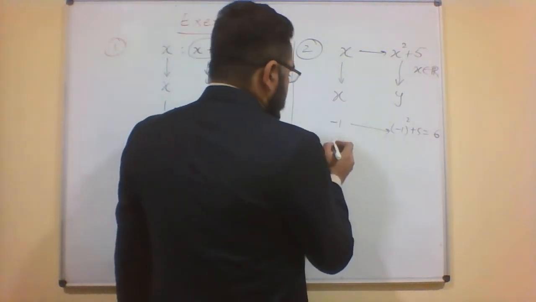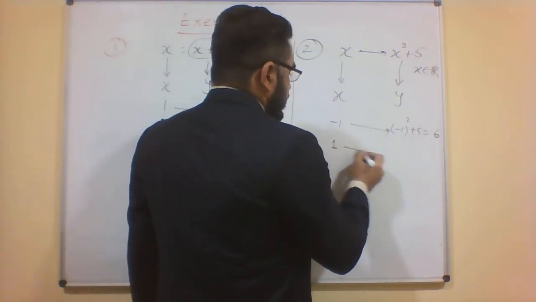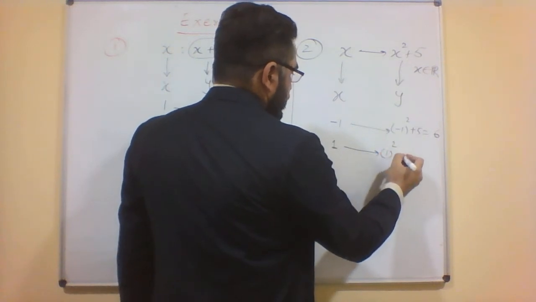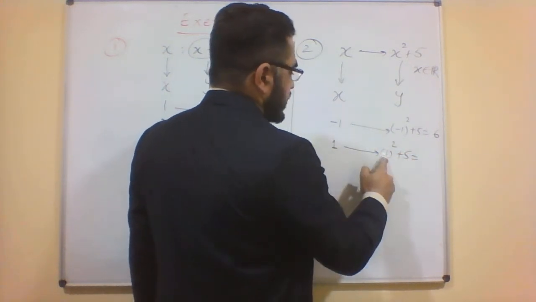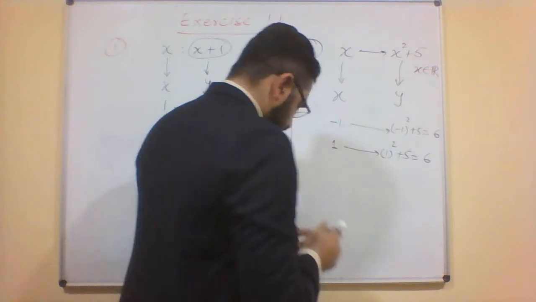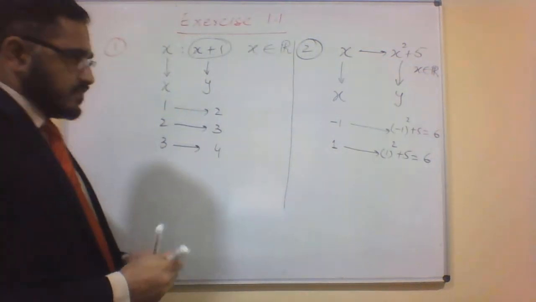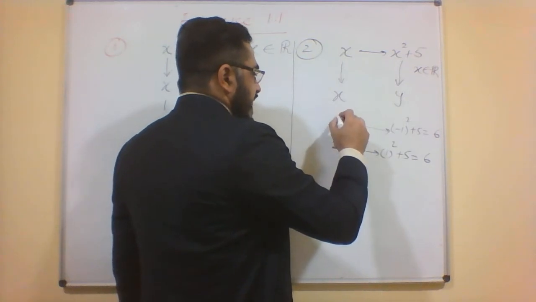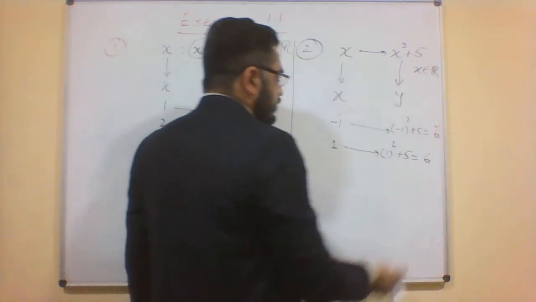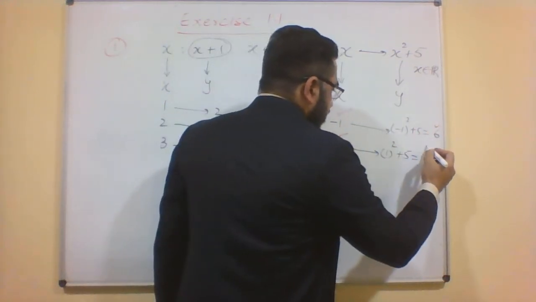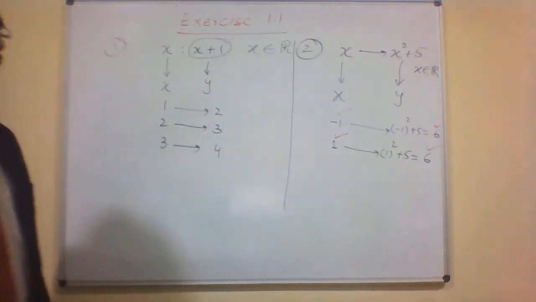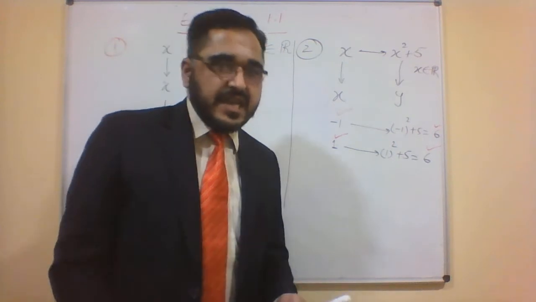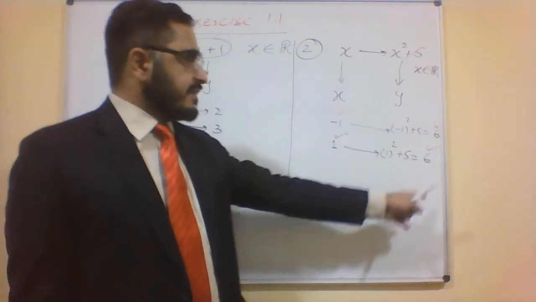If we take x equals 1, then 1 square plus 5: 1 square is 1, and 1 plus 5 is 6. You can see that against minus 1 we get 6, and against 1 we again get 6. It means for two different domain values we get one range value.